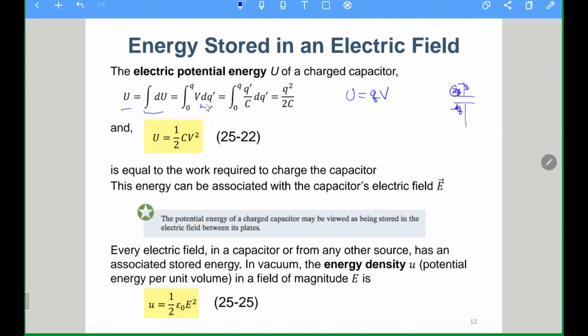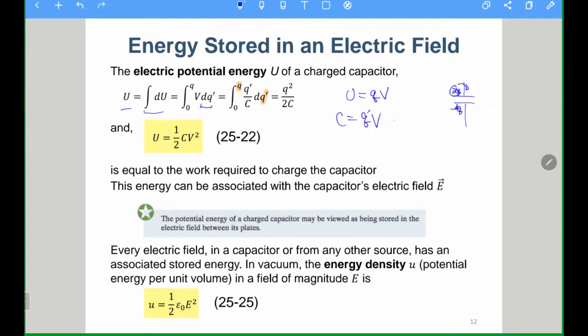So here we have V equals... Here, rather than calling it q, we call it q prime, because we want to distinguish this dq prime from this q.